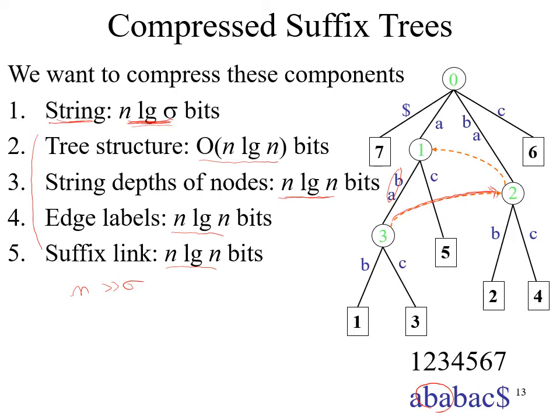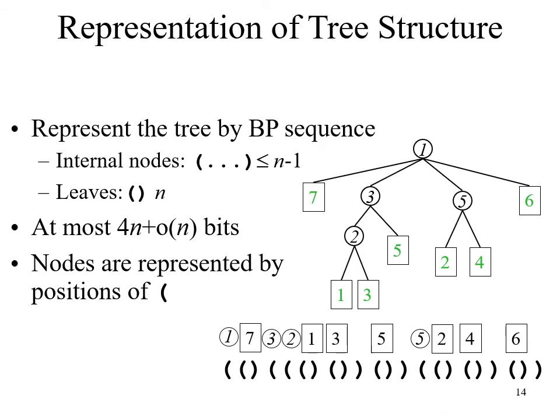So we want to compress these components. So we compress each component. First consider the tree structure. It's easy to compress because we can compress the tree structure by succinct ordered trees, for example, the balanced parentheses sequence.